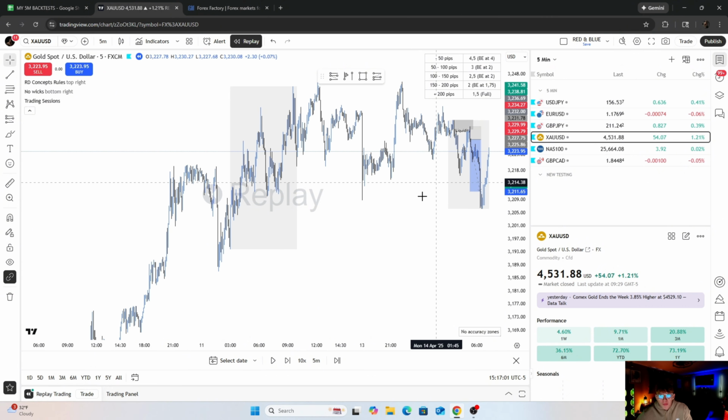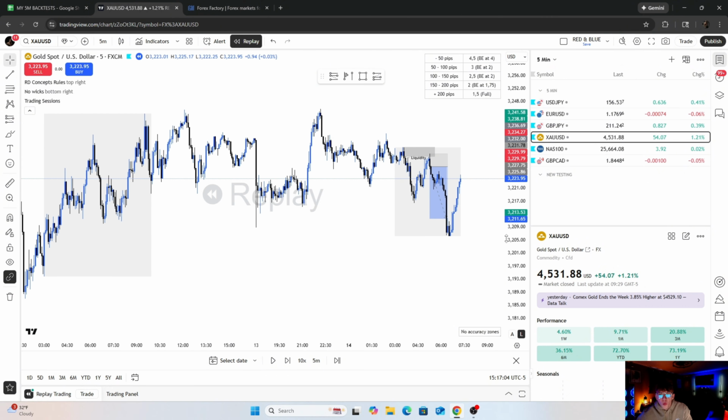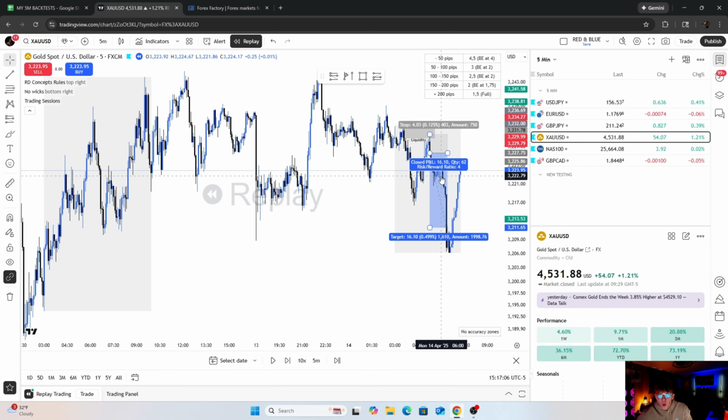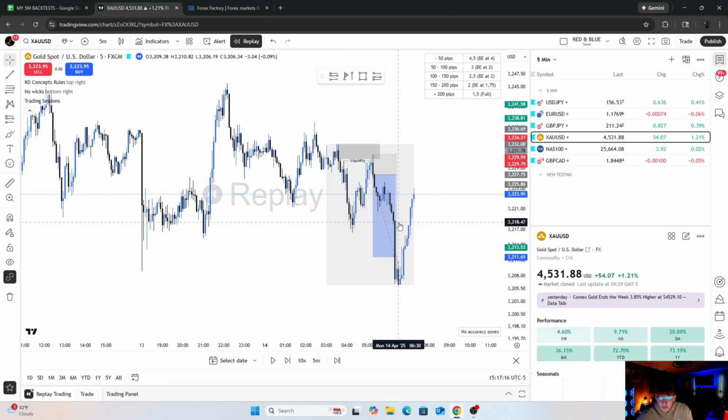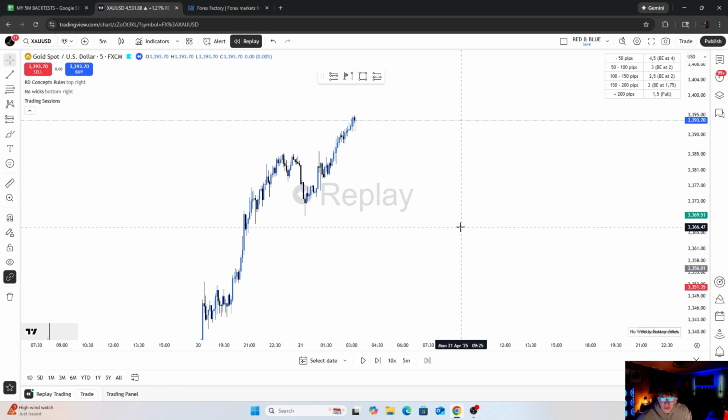Again, more biased towards buys on gold, but we said the same thing about NAS, and it turns out short positions actually perform just as good as long positions. So we're going to be doing the same thing on gold here. But yeah, that's pretty much it for this position. I'll note this one down at the end, and I'll update you guys whenever we get another trade here.